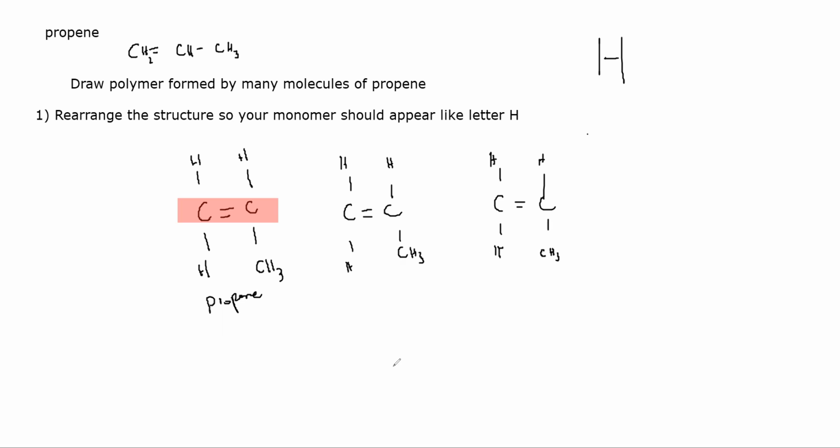Now, this is propene, this is also propene, and the third one is also propene. All these structures are propene. To draw the polymer, I will draw the same structure without a double bond.